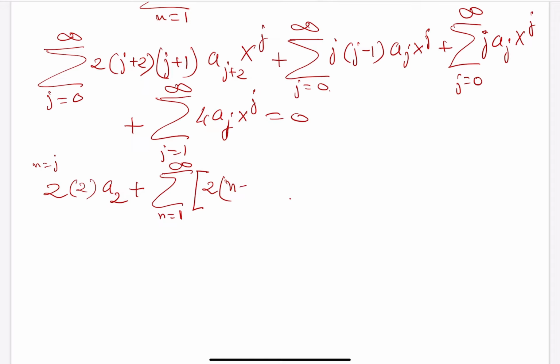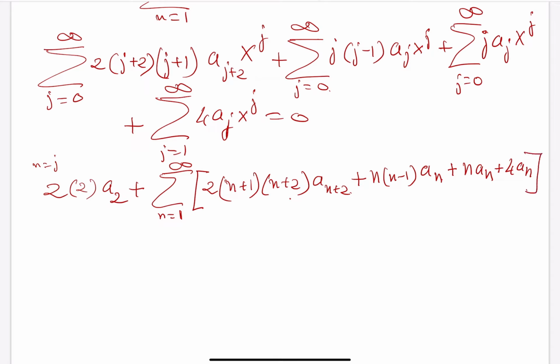It's (n plus 1)(n plus 2), and then you have 8n plus 2, and plus n minus 1, and then 8n, and then plus an, and then plus 4an, and then everything times x to the n, equal to 0. That's it, okay?